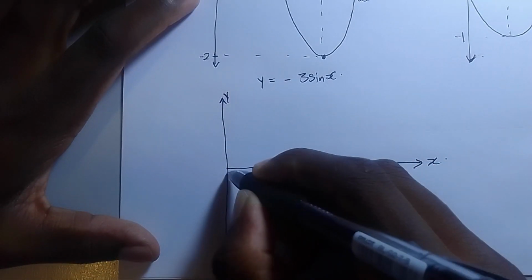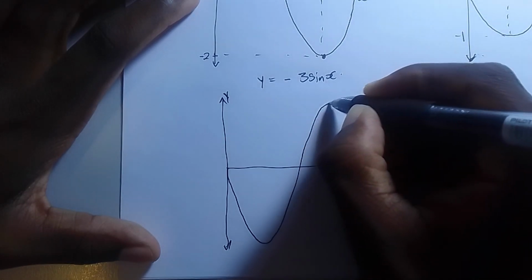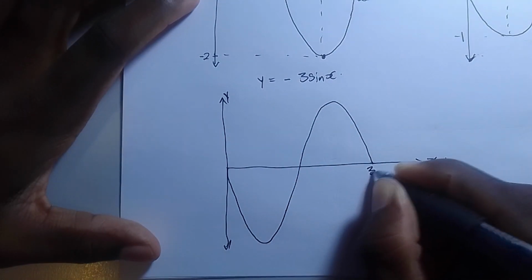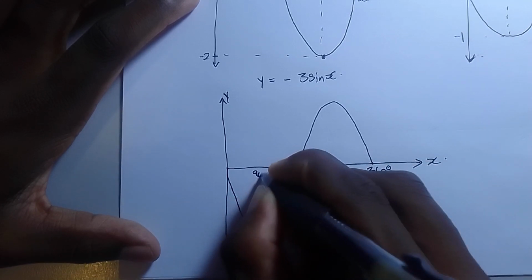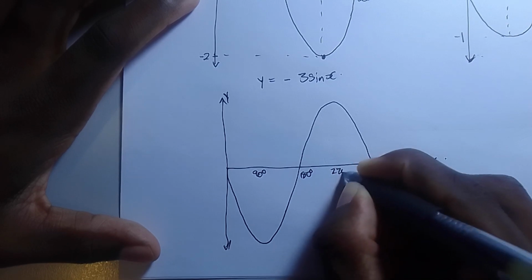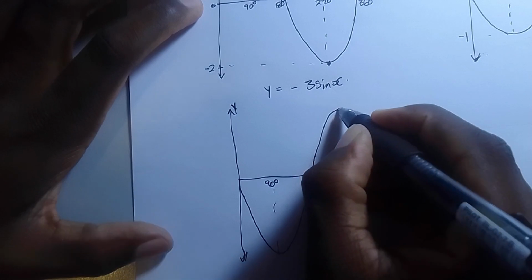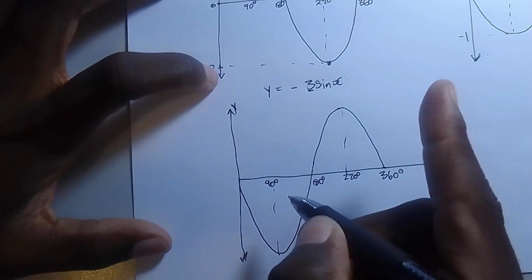Now let's try drawing this. It's going to go something like this. And this is still going to be 360, still going to be 180, still going to be 90, still going to be 270 degrees. The maximum, you look at 3, it's going to be 3.